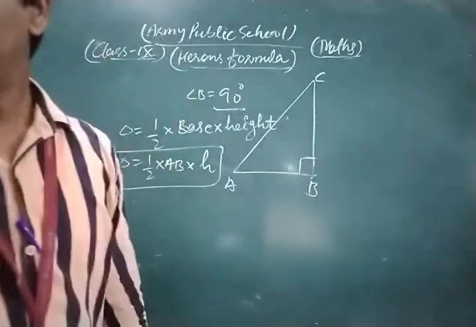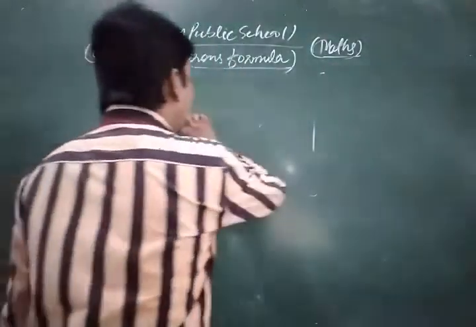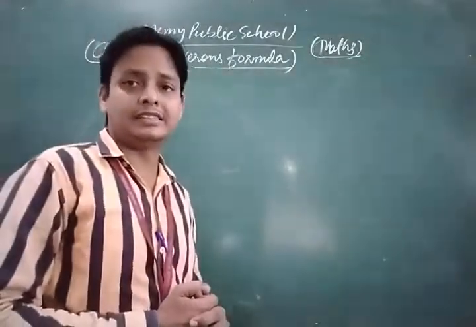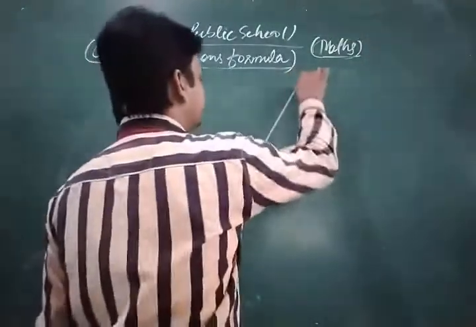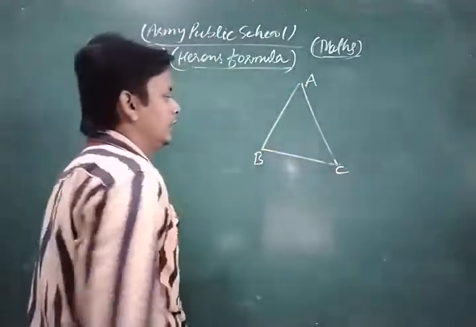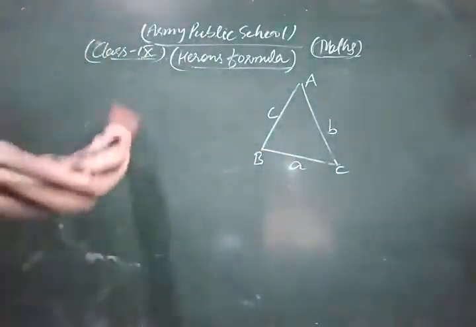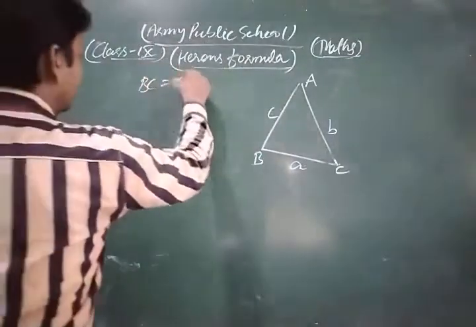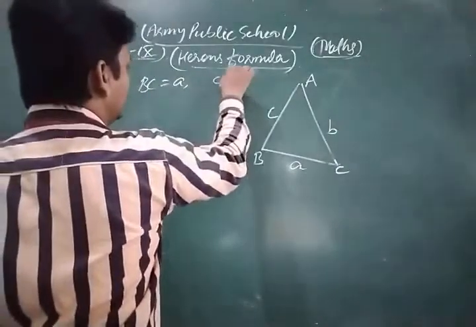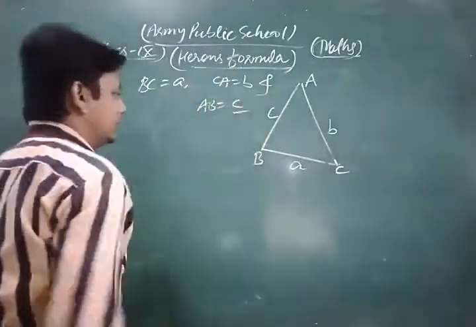Now dear students, we are going to discuss Heron's formula. Heron's formula is applied where all three sides are given. Suppose ABC is a triangle in which a, b, c are the three sides of the given triangle, that is, side BC is equal to a units, side CA is equal to b units, and side AB is equal to c units.